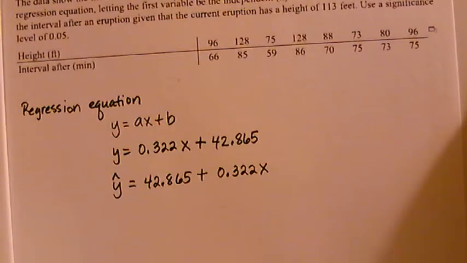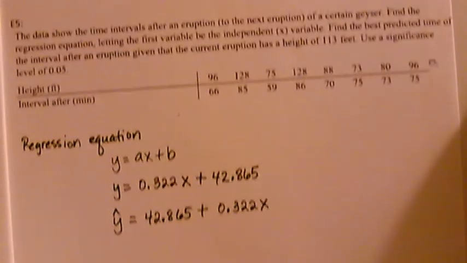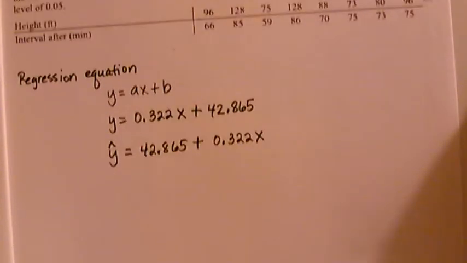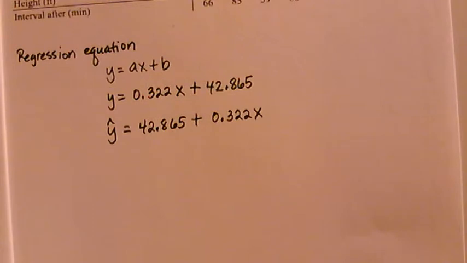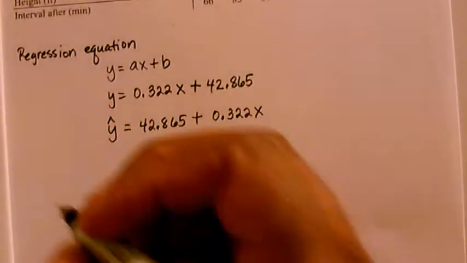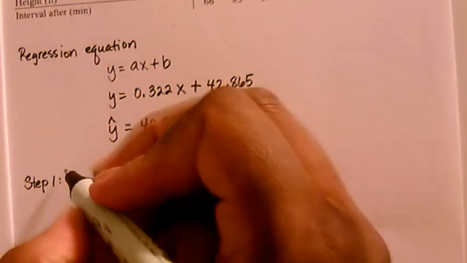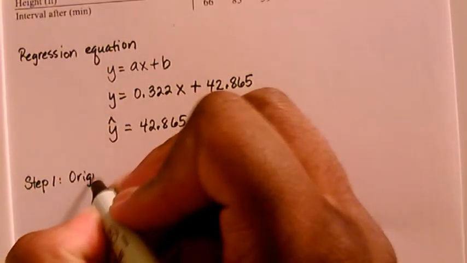Now we're told to use a significance level of 0.05 because we want to find the best predicted time of the interval after an eruption, given that the current eruption has a height of 113 feet. So we need to do the hypothesis testing procedure. Step number 1 is the original claim.